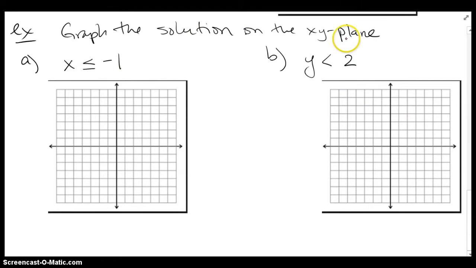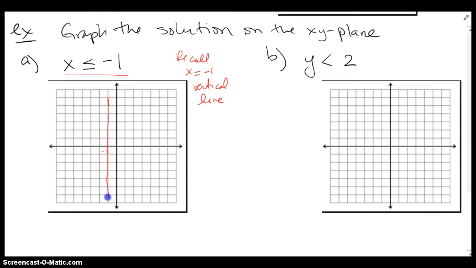Next example, graph the solution on the xy plane, and we have two special cases. The first one is x is less than or equal to -1. So remember, if you looked at x equal to -1, it was going to be a vertical line with an undefined slope. So I'm going to compare this to the line x equals -1, which goes through -1, and it's a vertical line.